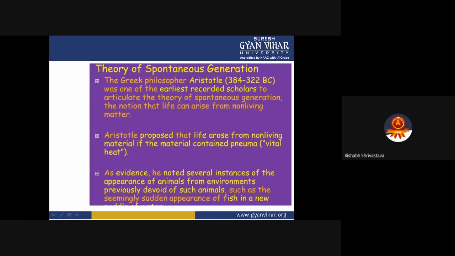As long as the material has that vital heat, life can start from that particular non-living material. As evidence, he noted several instances of the appearance of animals from environments previously devoid of such animals, such as the seemingly sudden appearance of fish in a new puddle of water.